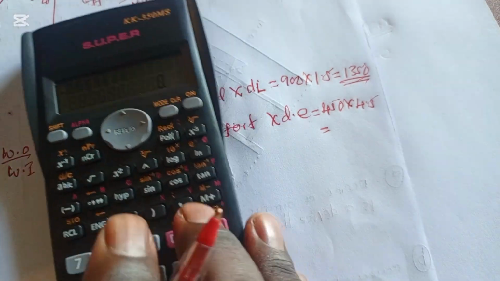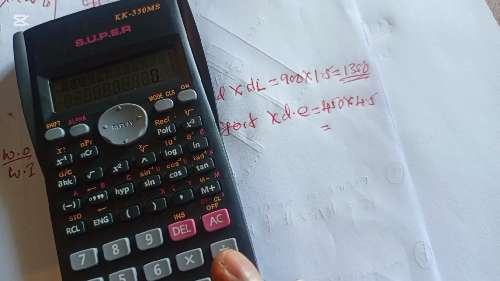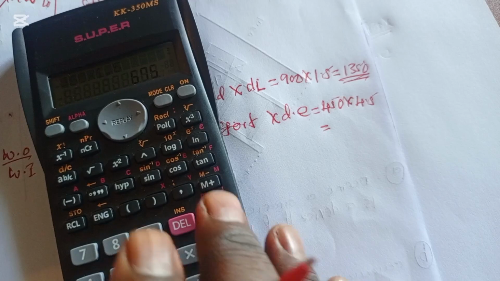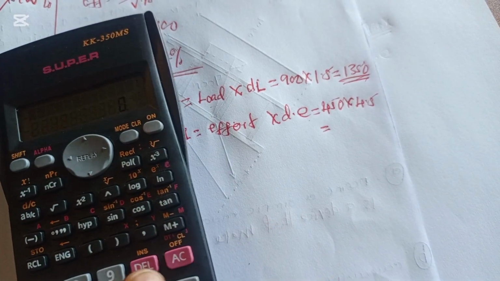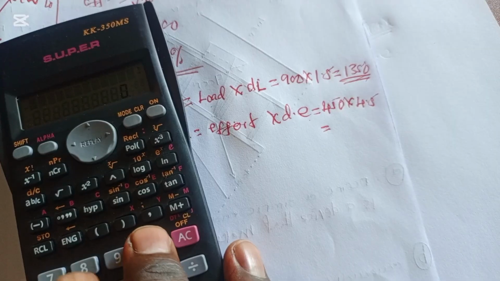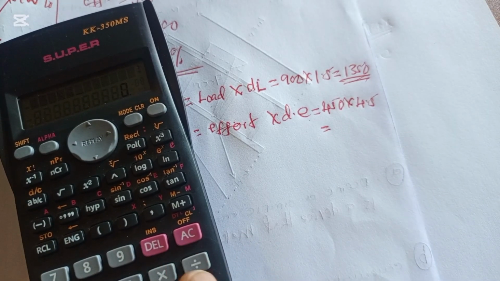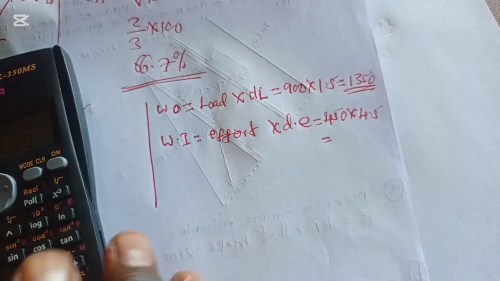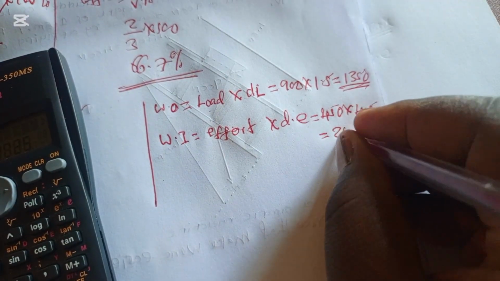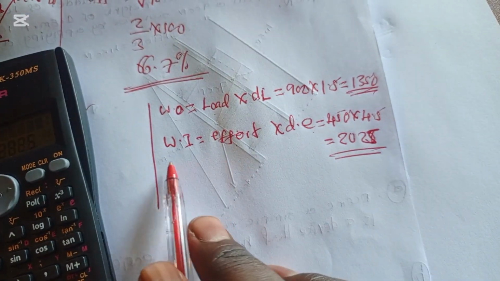So we multiply 450 times 4.5. You get this value, which is the work input.